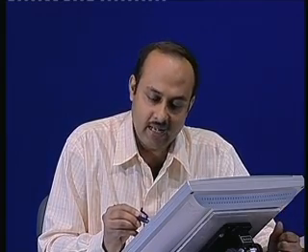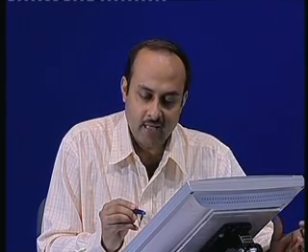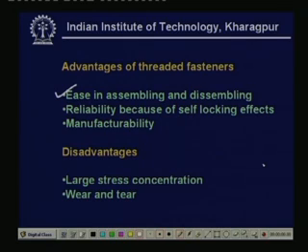Then the second point is reliability, because of the self-locking effects. While discussing the power screw, we will have a chance to discuss the self-locking effects. Let me explain briefly. Self-locking effects are those effects whereby, whenever a load is applied and then removed, the threaded fastener should not come out on its own.